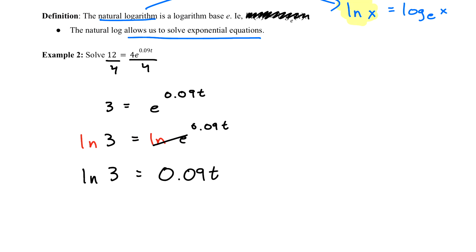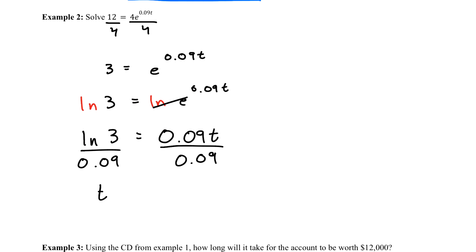Now I can continue on solving for t just like I normally would. So in order to finish up this equation, I'm going to divide both sides by 0.09. So that means that t is equal to natural log of 3 divided by 0.09. Now this is the exact answer.